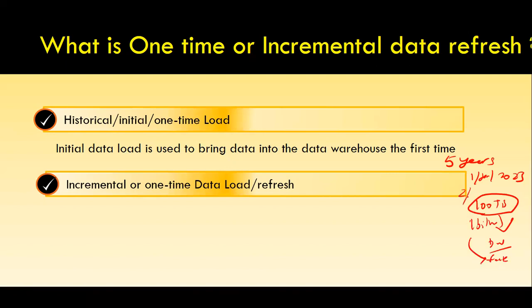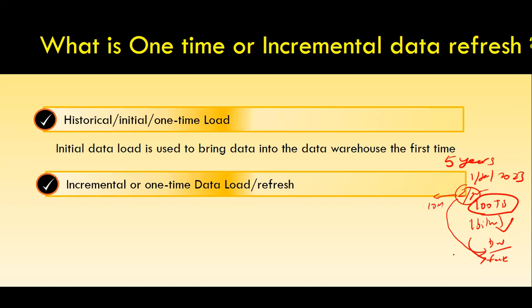But from 2nd Jan onwards, whatever data gets loaded in the OLTP system should also be loaded into your fact table, because in the fact table you want to maintain history for 10 years. The volume of 2nd Jan data is 10 million.